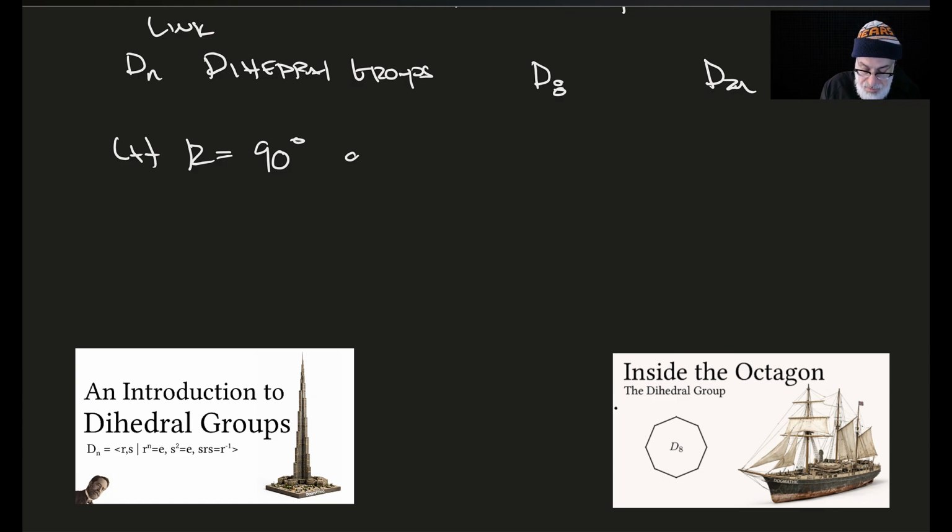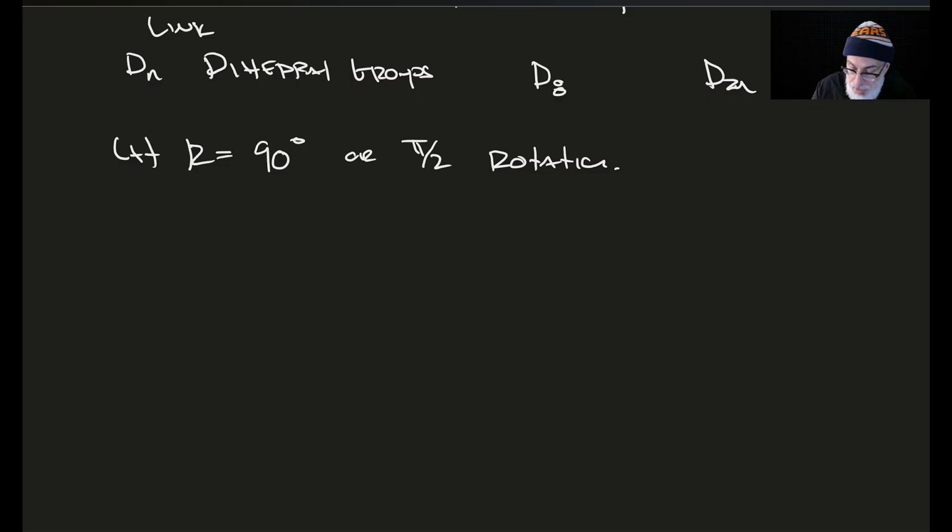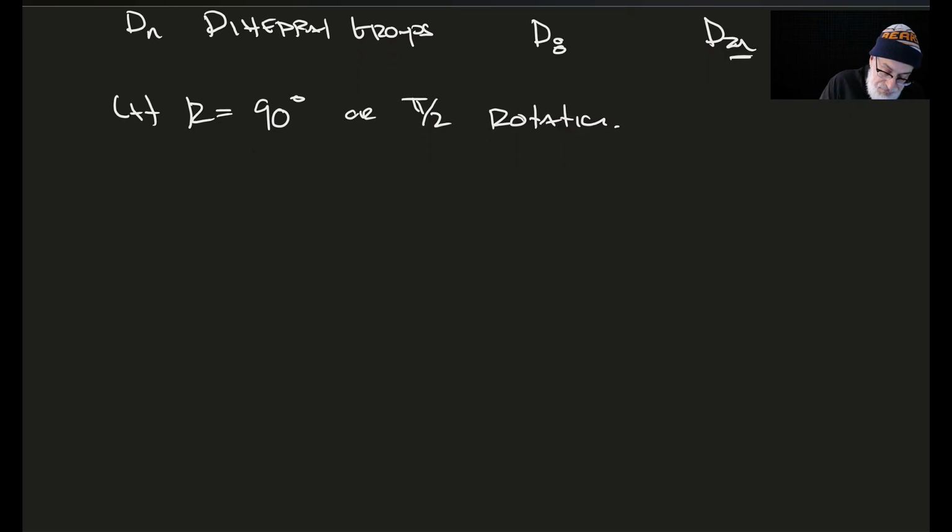You could think of this as a pi over 2 rotation. Remember, the subscript here is informative because in 2n, n is the number of vertices or corners, however you want to say it. I think of them as vertices.